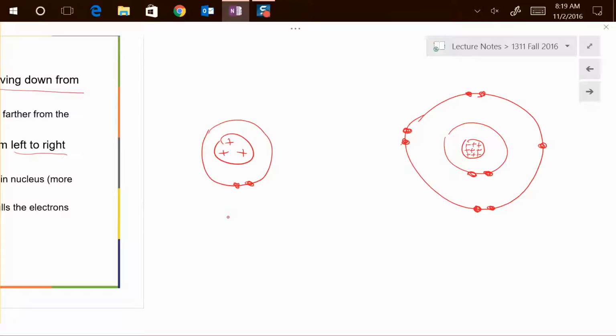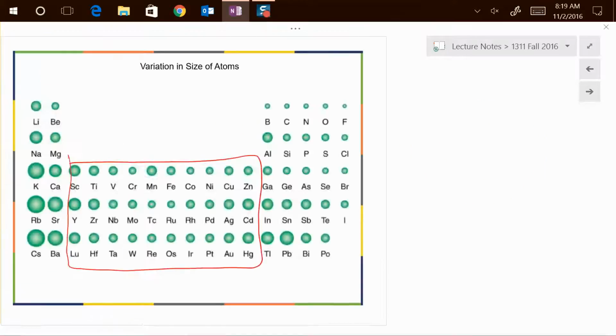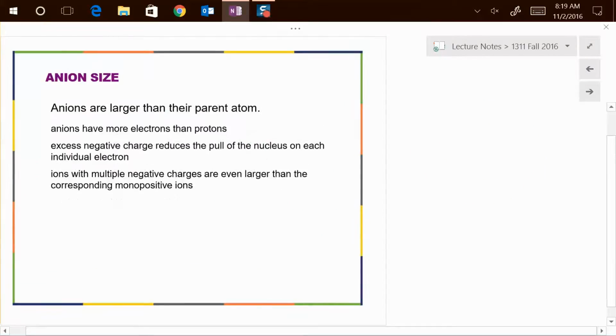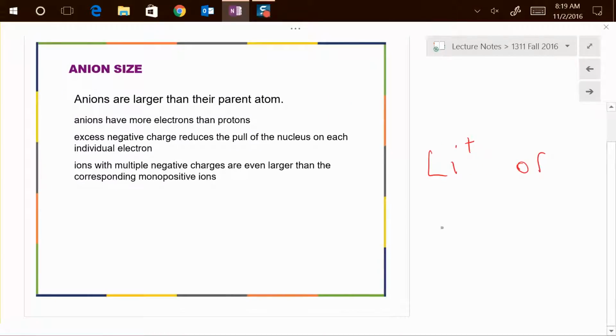Which is bigger? Lithium plus, let's see what they have. Which is bigger? Lithium plus or Be2 plus? What's bigger?